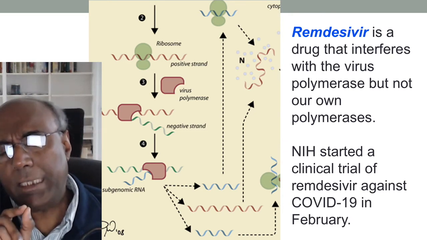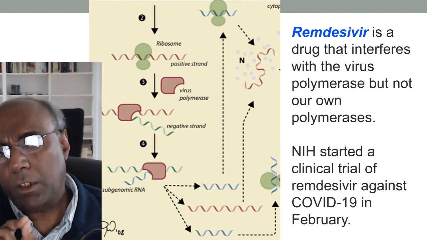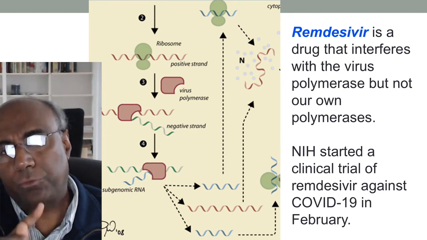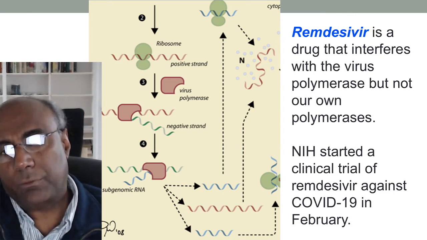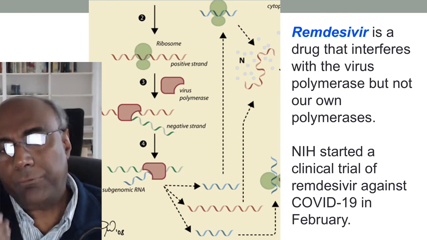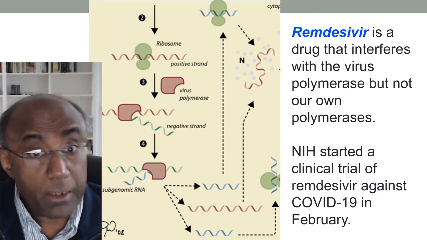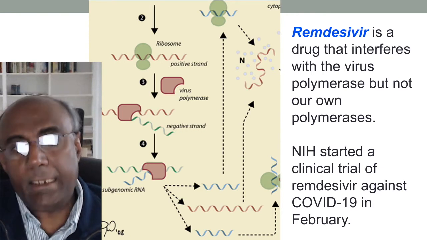Okay, so one potential way to stop this process is to interfere with the way the virus polymerase works. But the danger is that if you come up with something that interferes with that, it will also interfere with the polymerases in our body, and that could be deadly.